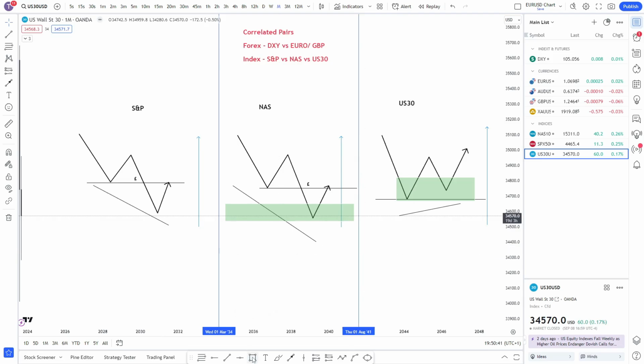Let's assume we have got a bullish bias overall and we have all hit ourselves into these points of interest. So fair value gap, order blocks, that kind of thing, as previously with Forex. What I am looking to try and achieve now is identifying which is going to be the stronger buy. Now, we've taken liquidity here, we've taken liquidity here, we have not taken liquidity here, which means there is a higher relative strength in US 30 compared to NAS and S&P.